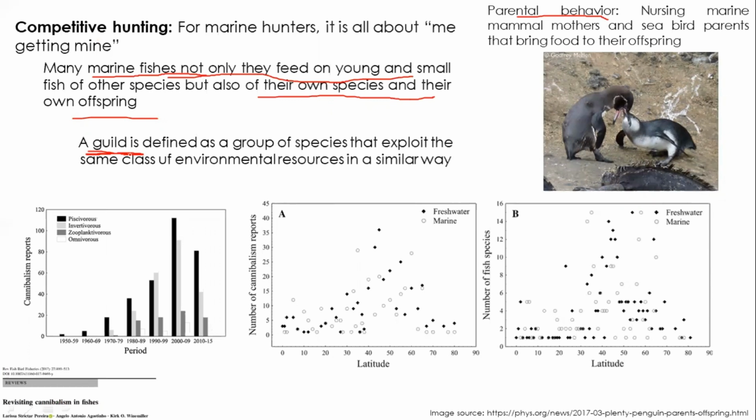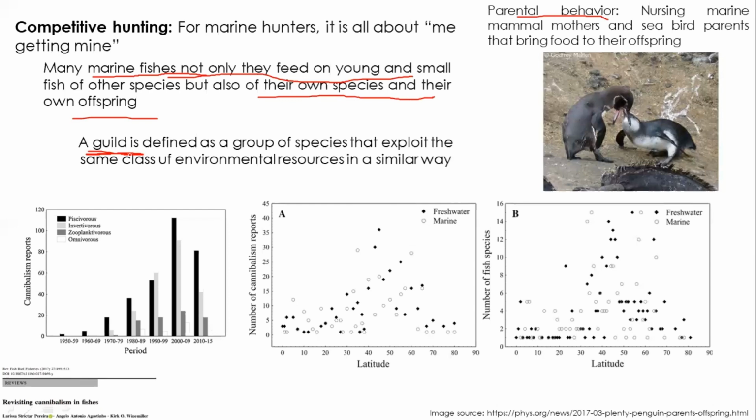Because whenever there is competitive hunting, or whenever there is a fight or competition, it will happen between the guild species, it means with those species who are sharing the same geographical location and utilizing the same resources, right?